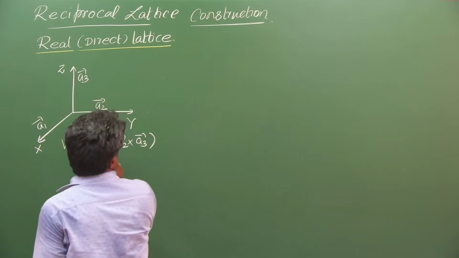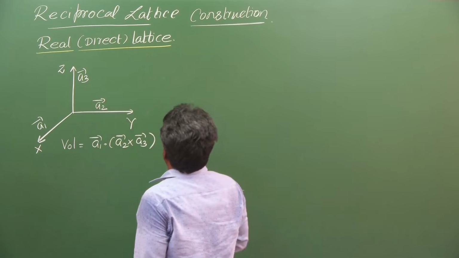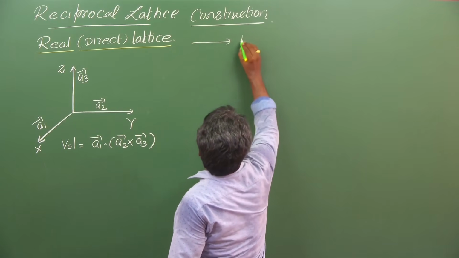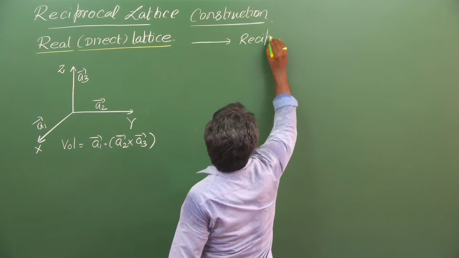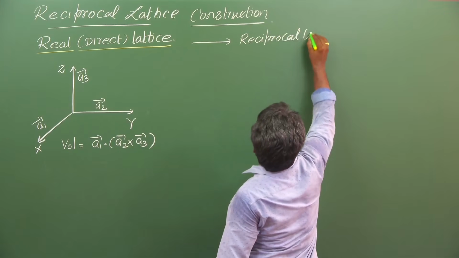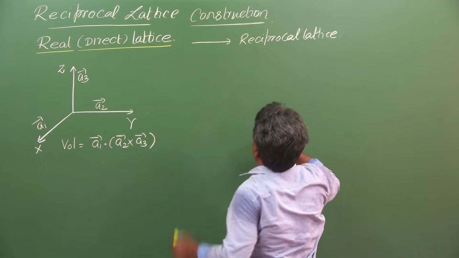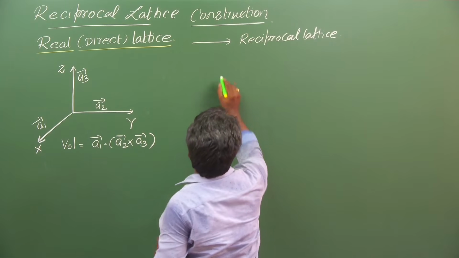The triple product of vectors. Okay, so now I am going to construct the corresponding reciprocal space, the reciprocal lattice. If you want to get the reciprocal lattice vectors, first we have to write the primitive vectors.